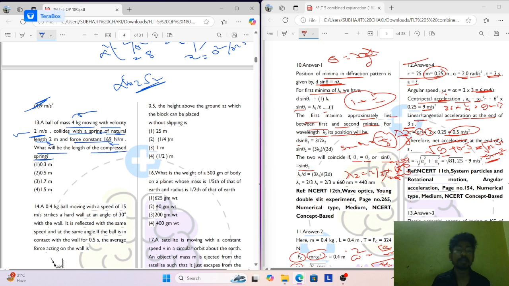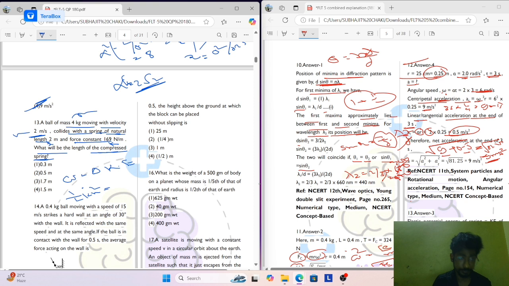Okay. So in the case of collision, you can apply the work energy theorem, right? The work done is equal to the change in the kinetic energy. Work done formula is half kx square, you know, and the change in the kinetic energy is what? Kinetic energy means half mv square.